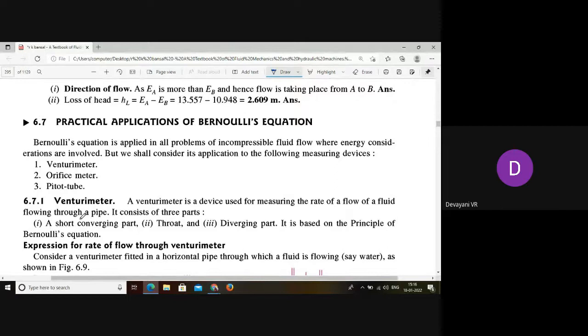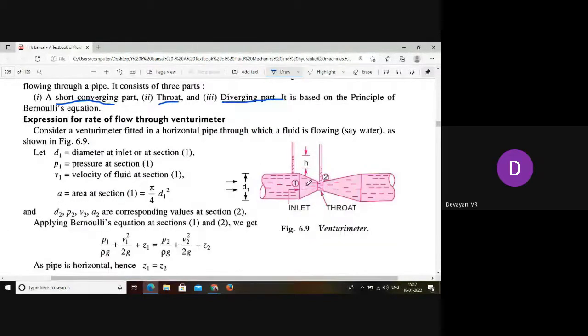A venturimeter is a device having three parts. The first is a short converging part, the second is the throat, and the third is the divergent part. You can see this is the short convergent part, the middle portion is the throat, and then this portion is the divergent part.